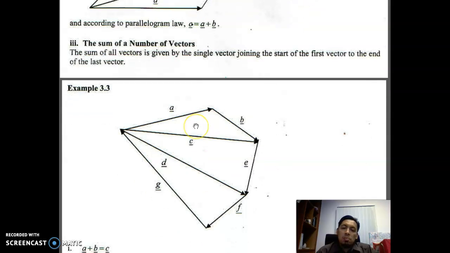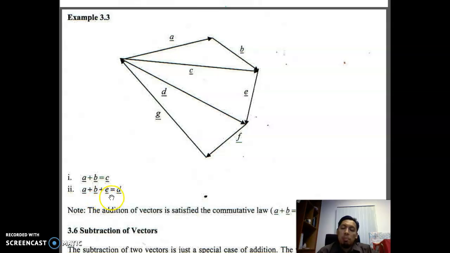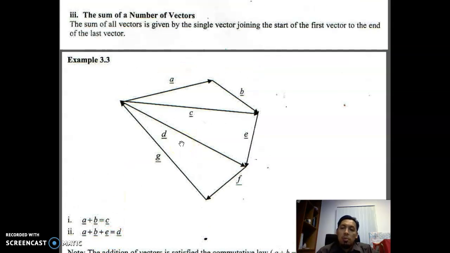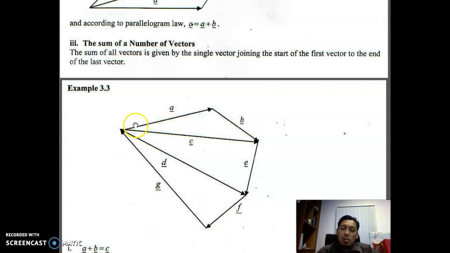Let's say you want to sum A plus B plus E, three vectors. The concept remains the same. Previously we knew that A plus B equals the initial point of A connecting to the terminal point of B, giving the new vector.